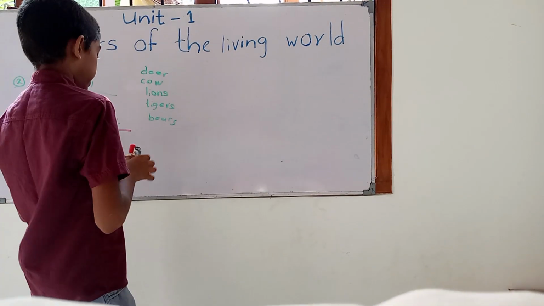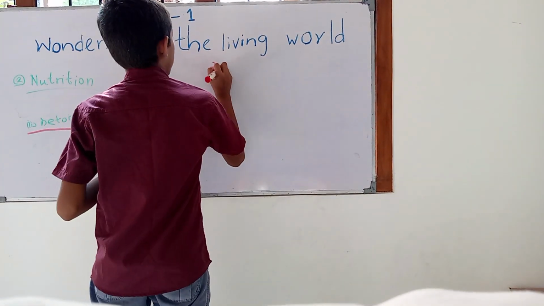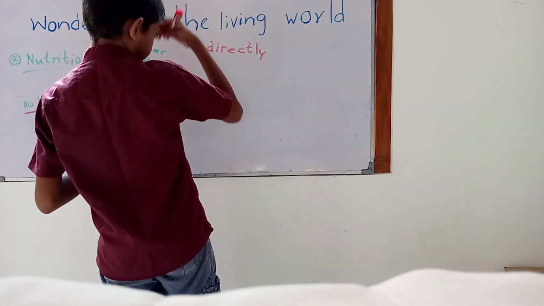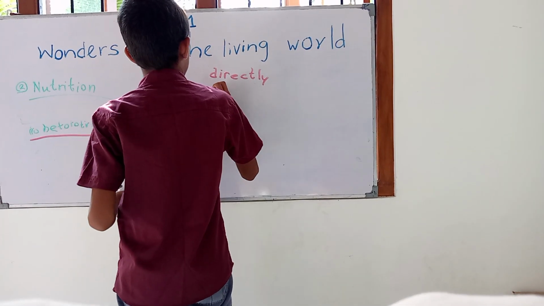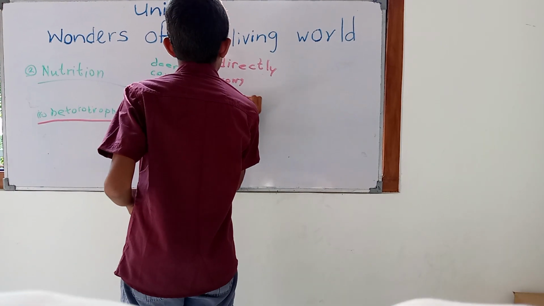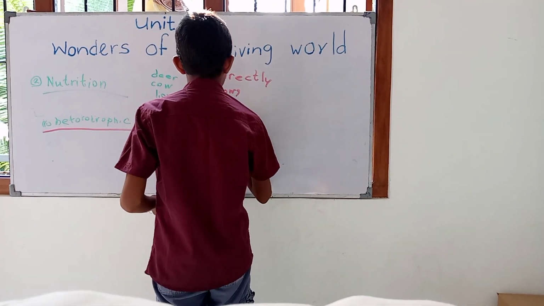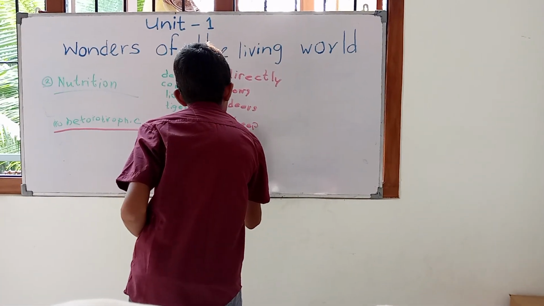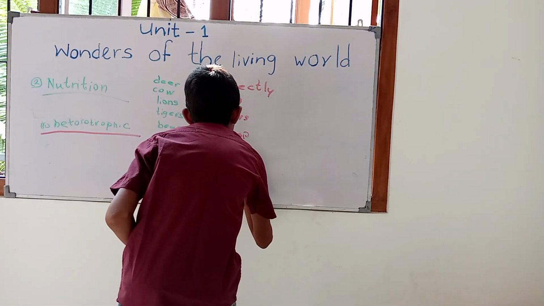If we can take examples for directly, like, well, cows, deer, sheep, elk, gazelles.